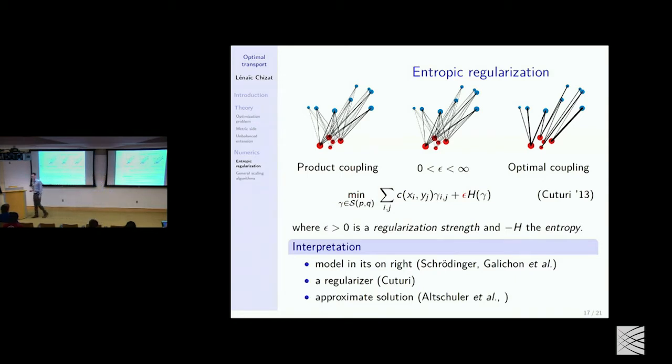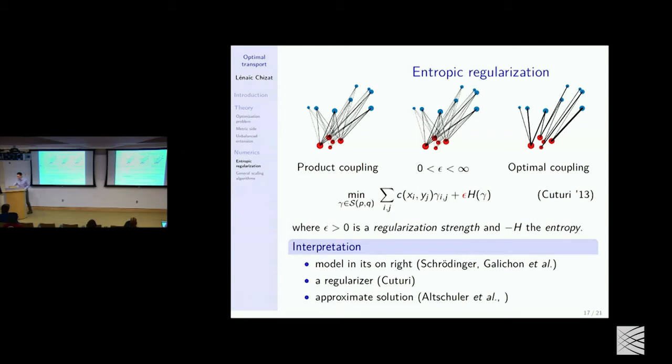It can also be seen as a regularizer to stabilize the solutions of the optimal transport problem. Because with the optimal coupling, if I modify a little bit the positions of the particles or their mass, the solution can change a lot. But if I add this entropic regularization, you know that the solution will vary smoothly.